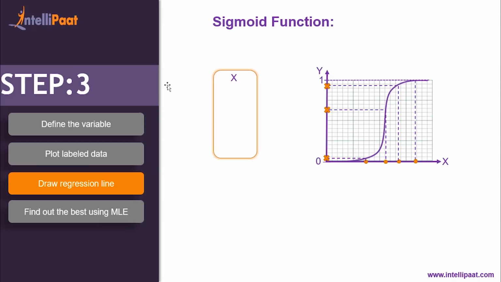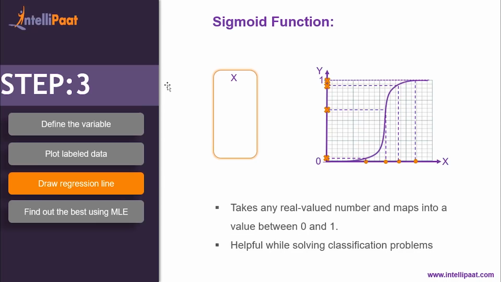What a sigmoid function does can be visualized from this graph, right? You give some values on your x-axis and using the sigmoid function you can predict its probability on the y-axis. This is the reason why the sigmoid function is very useful in solving classification problems. It takes any real-valued number and maps it onto a value between 0 and 1.